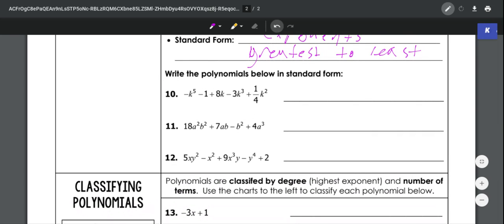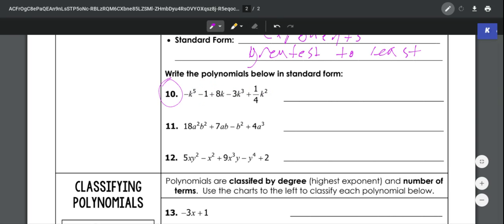And so an example of that, we'll look at number 10. If we were to write this from least to greatest, we've got an exponent of 5 here, exponent of 3, 2, then this is an exponent of 1, then we would write this negative 1 last.